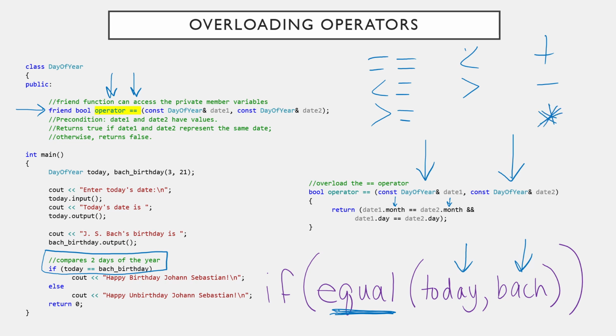So you can overload a whole bunch of different operators depending on your motivation and what you want to do. Most of these operators would deal with more than one object of your class, so therefore it would be done using a non-member function. And if you want to access your private member variables with just the dot operator, you use a friend function.